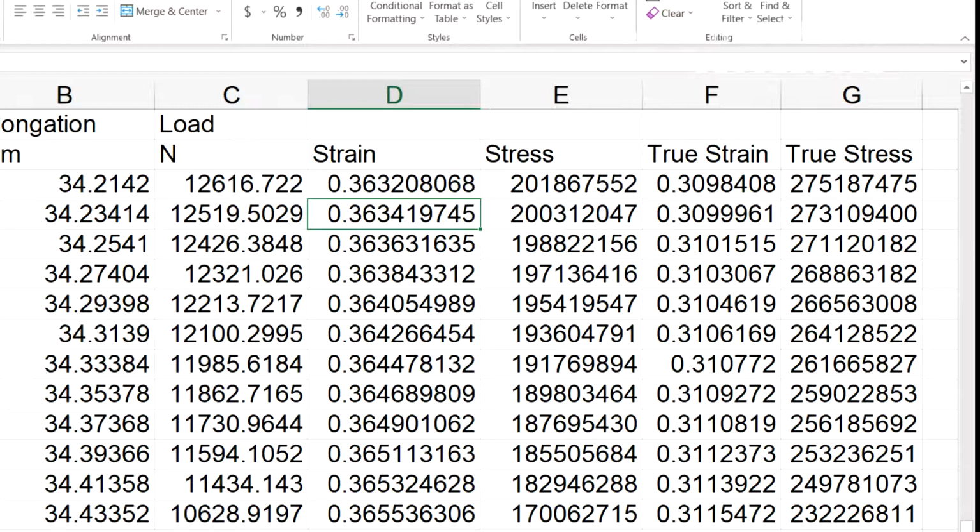For true strain, I take the natural logarithm ln of the strain plus 1. And for the true stress, I multiply the stress value times 1 plus the strain value.